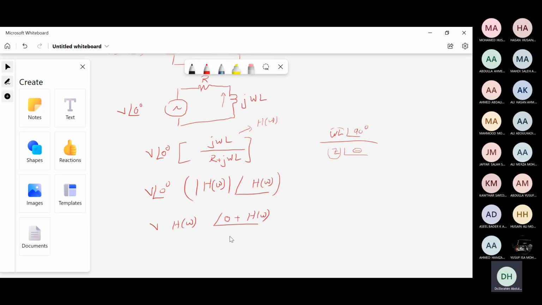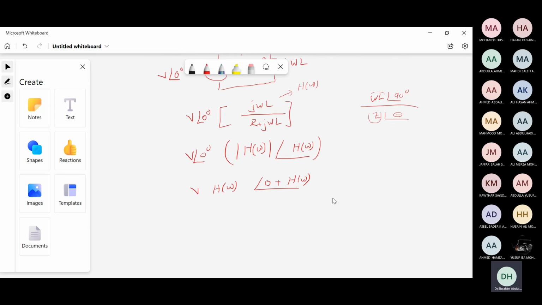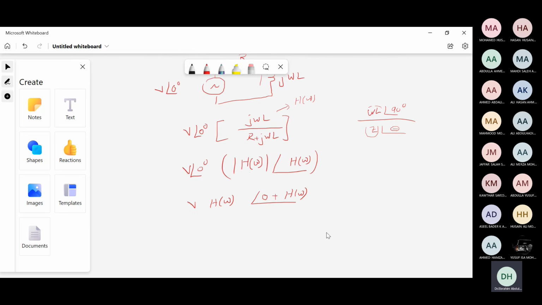Then if you want to change it to the time domain, in the time domain it is equal to the full magnitude, which is V times the magnitude of H of omega. We use sine, so here it is sine omega t plus the angle, which is the angle of H of omega.